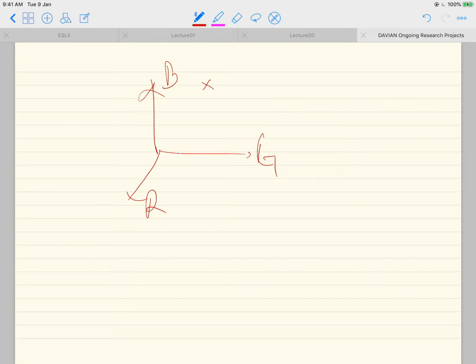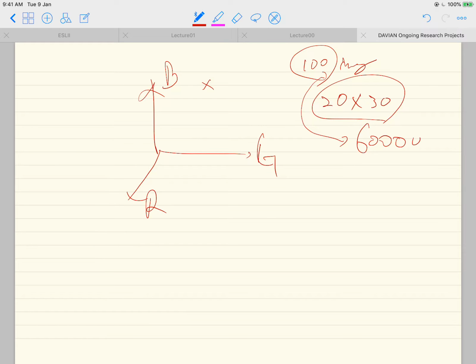So suppose we collect all the pixels from our training data. For example, we have 100 images, and each image has a resolution of 20 by 30, so we have 600 pixels in total per image, right? And then we have this many pixels.